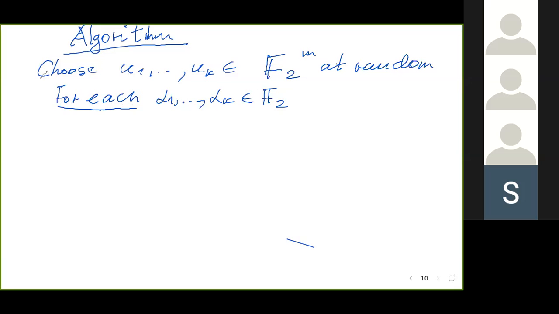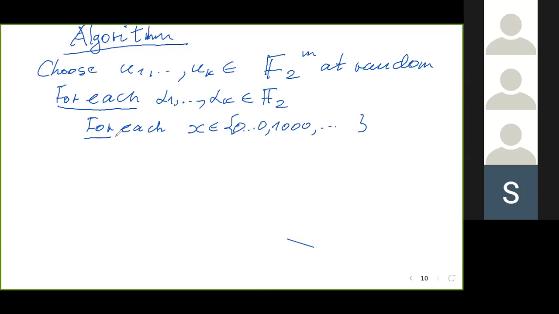We do the following. For each x in our set of x's, so we need to recover the values of our function, say the point 0, 0, 0, 1, 0, 0, 0, and so on, in total m plus 1 points here. We do the following.